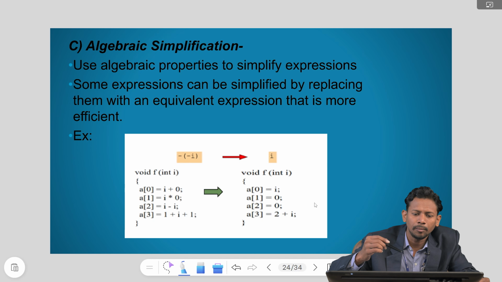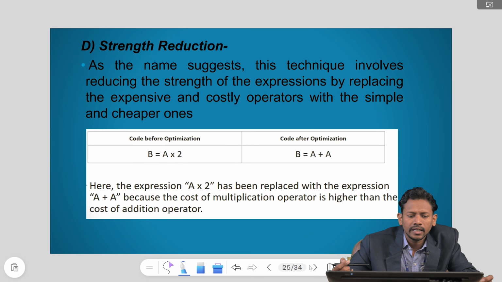It is algebraic simplification. The next technique is strength reduction. One of the optimization techniques used in code optimization is the strength reduction technique. As the name suggests, this technique involves reducing the strength of an expression by replacing expensive and costly operators with simpler and cheaper ones.